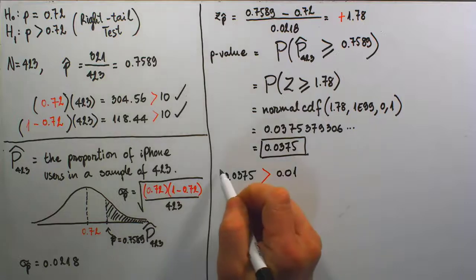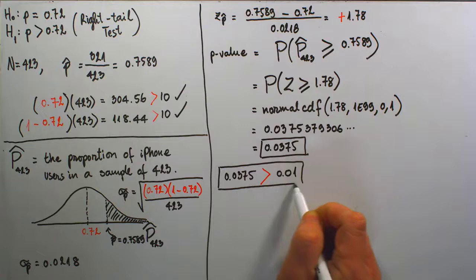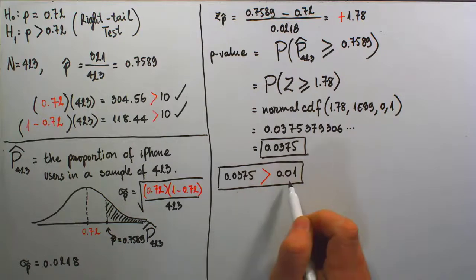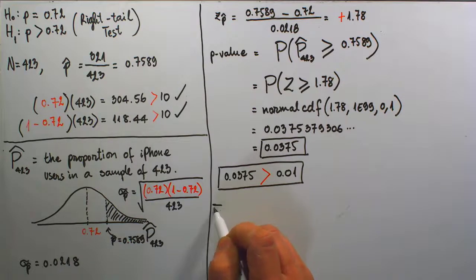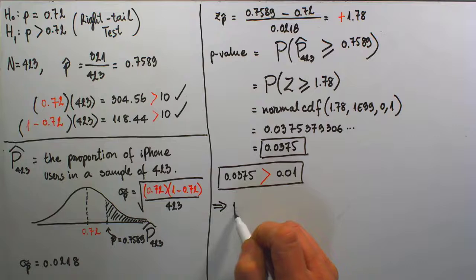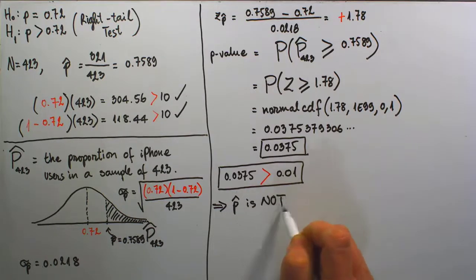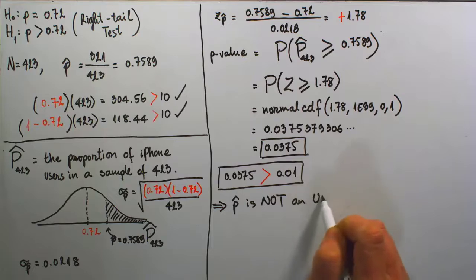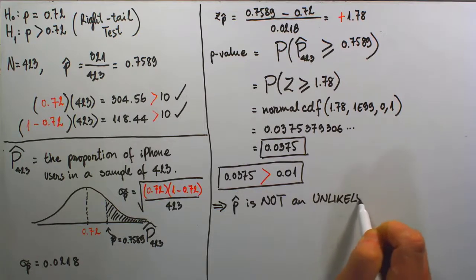And so now, with the p-value being above the significance level, it is telling us a decision as following. P hat is not an unlikely sample, or in another way of saying, nothing unlikely about p hat.